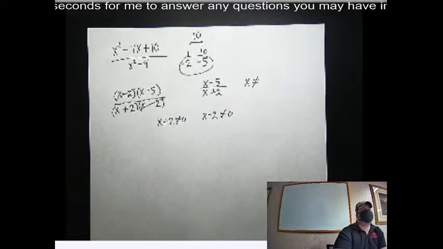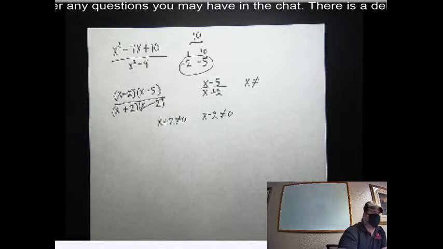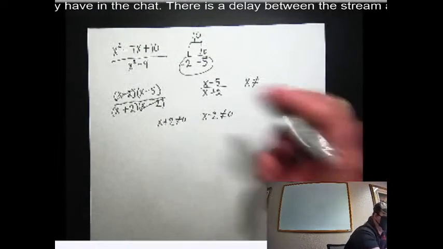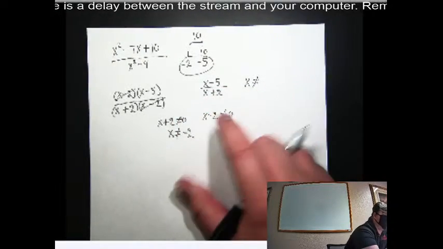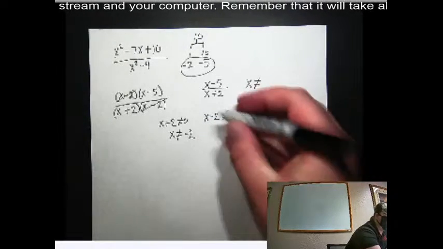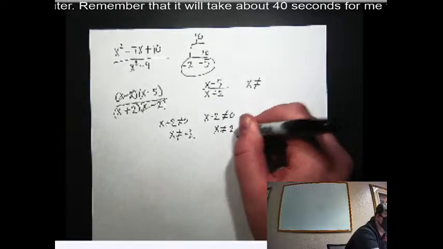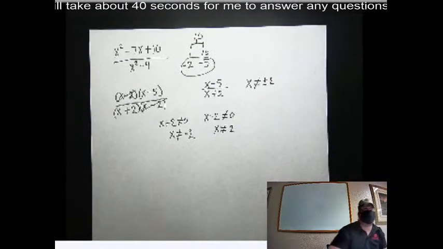And then solve. So, solving this one, we would need to subtract 2 from both sides. That gives us that x cannot be equal to negative 2. Same thing here. We add 2 to both sides. So that gives us x cannot be equal to positive 2. So x cannot be equal to plus or minus 2.